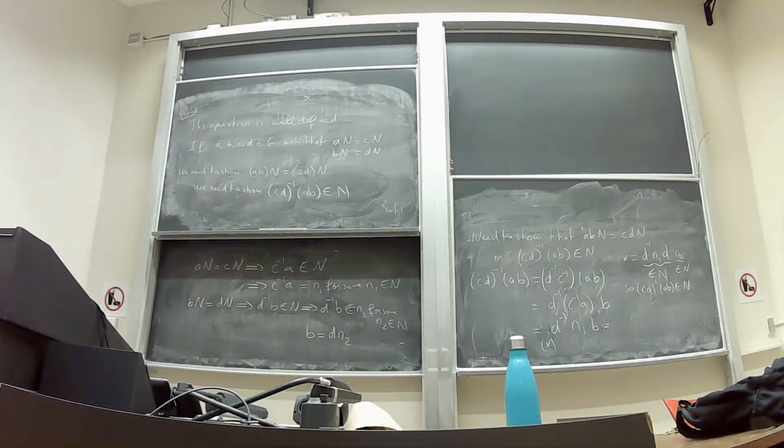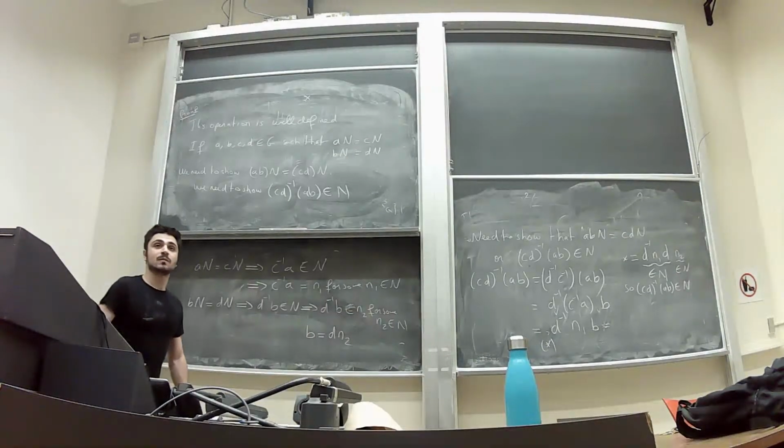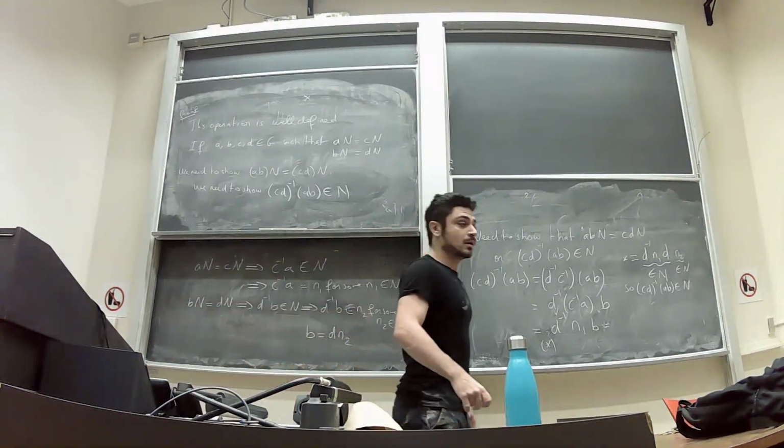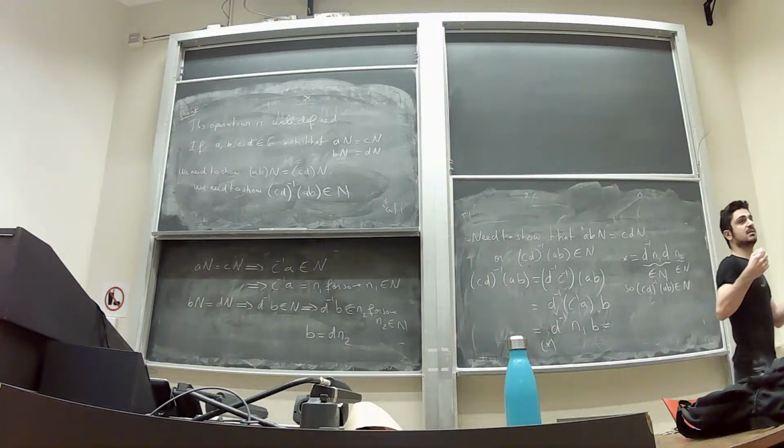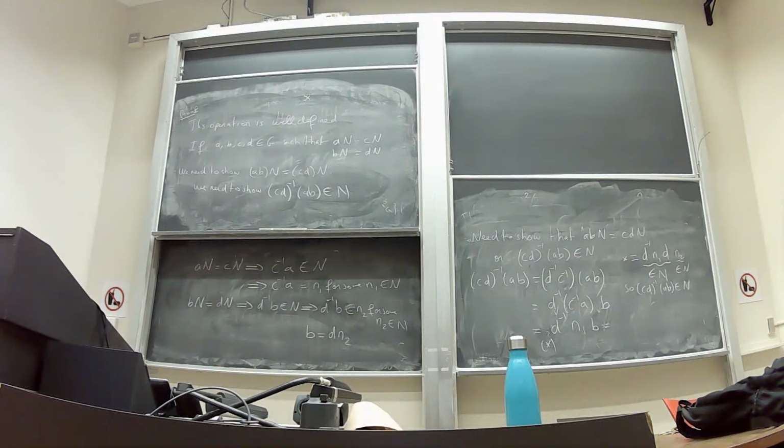How can we show that the operation is well defined? Equivalence classes are cosets, right? There are many different ways of writing your cosets.